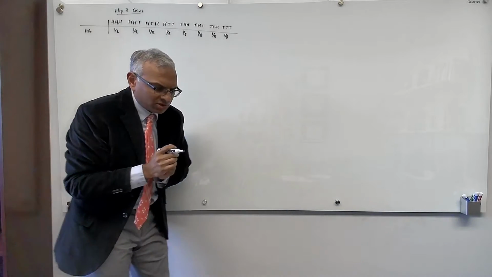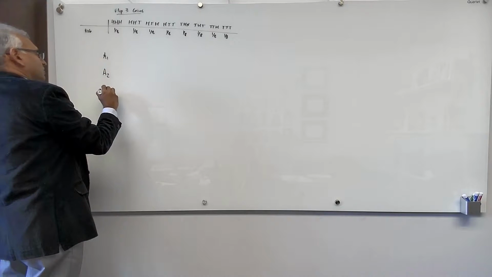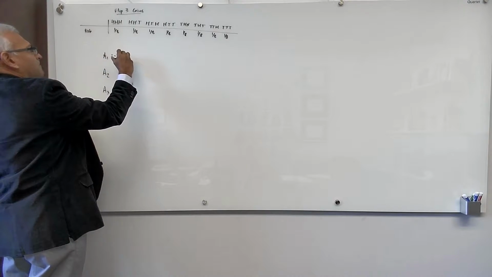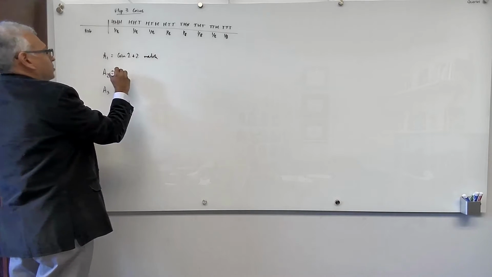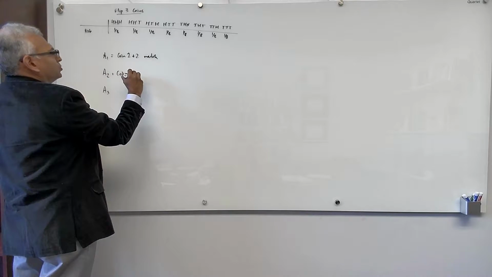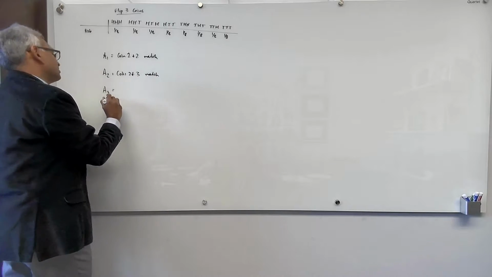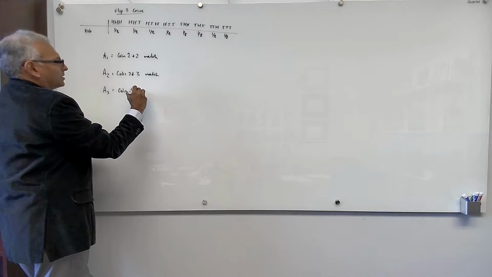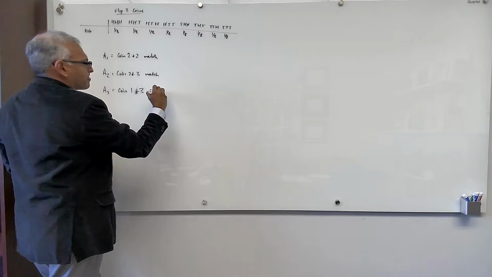Now I'm going to define 3 events: A1, A2, and A3. A1 is the event coins 1 and 2 match, A2 is coins 2 and 3 match, and A3 is the event coins 1 and 3 match.